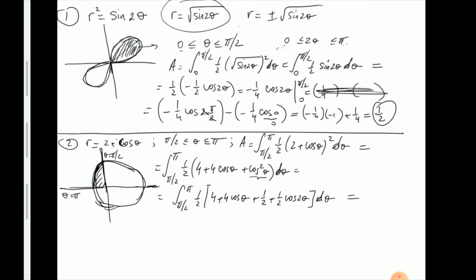And let's simplify and clean up a little bit before we integrate, because now we can integrate term by term. But let's see, I have 4 plus 1/2, which combines into 9/2 times the external 1/2, that makes it 9/4. Then 4 cosine over 2, that's 2 cosine. And then 1/4 cosine of 2 theta.